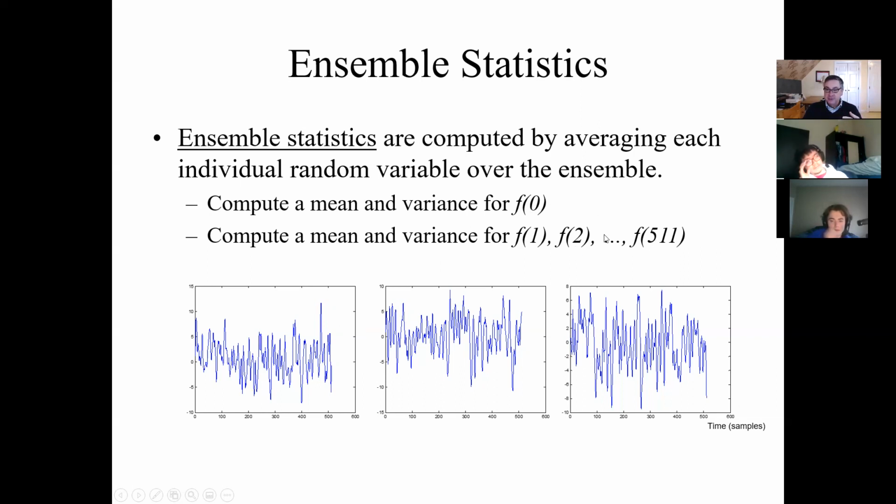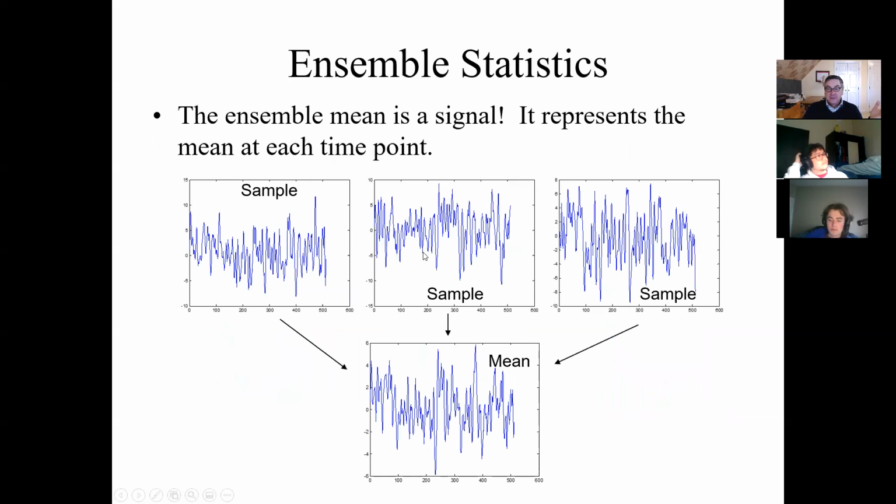This one goes from 0 to 511. Probably should have been 1 to 512, MATLAB, but whatever. And we can compute variances for all of those too. So the idea of doing that, let's just think about the mean for a second.